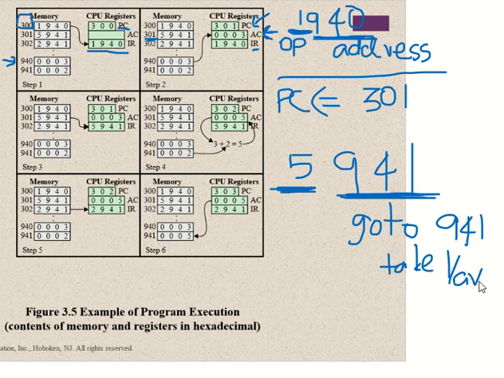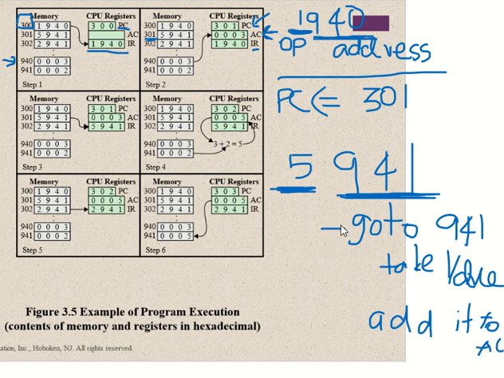Let me write in detail: take the value and add it to AC. These are the things I'm going to do. First, I will go to the location 941.